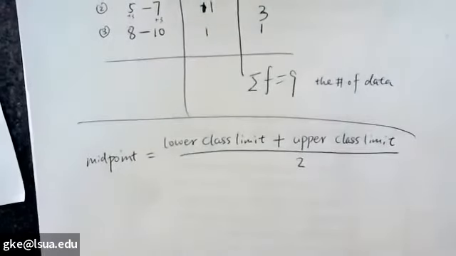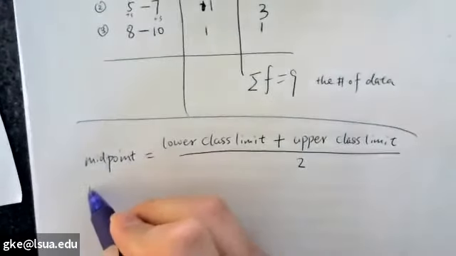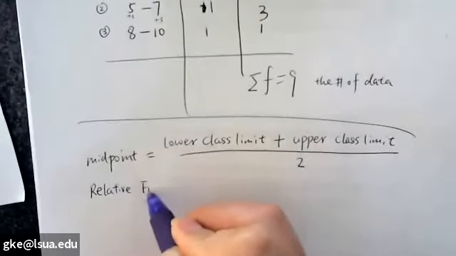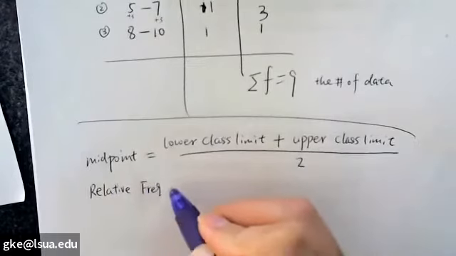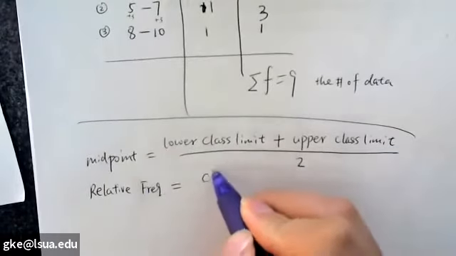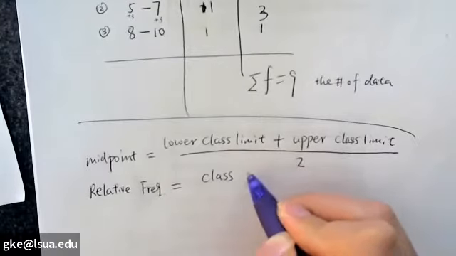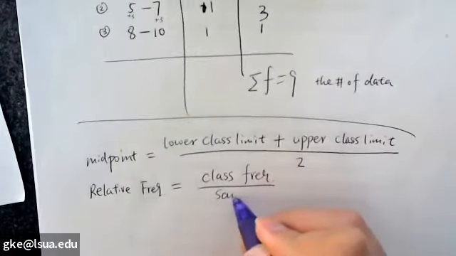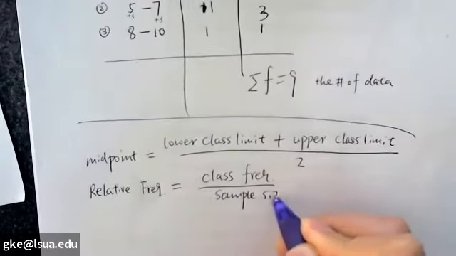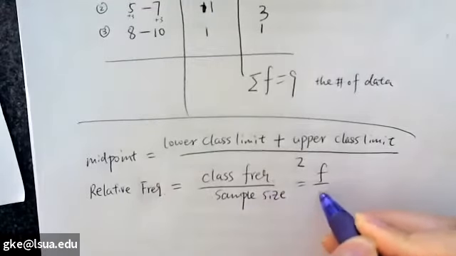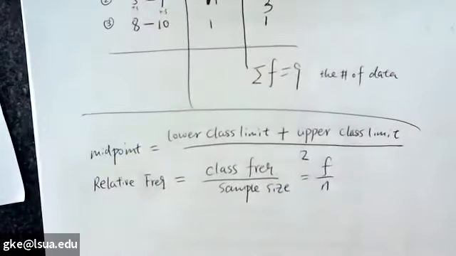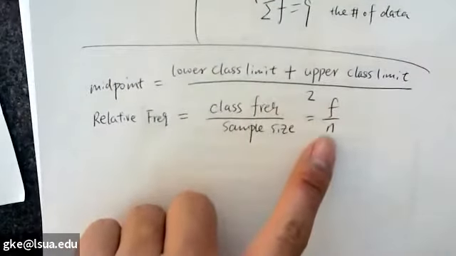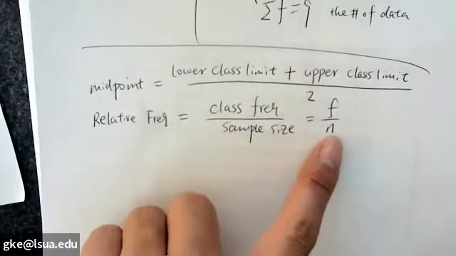And the second terminology is relative frequency, and that is the class frequency divided by the sample size, F divided by N. We denote the class frequency as F, and the sample size as N.